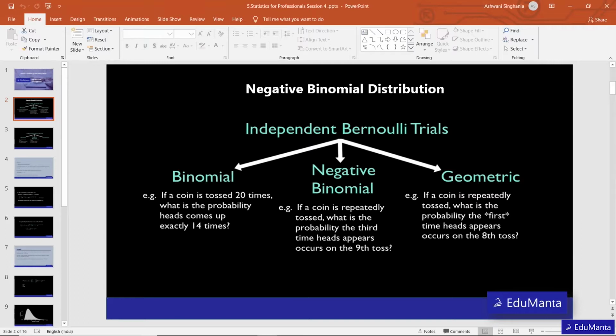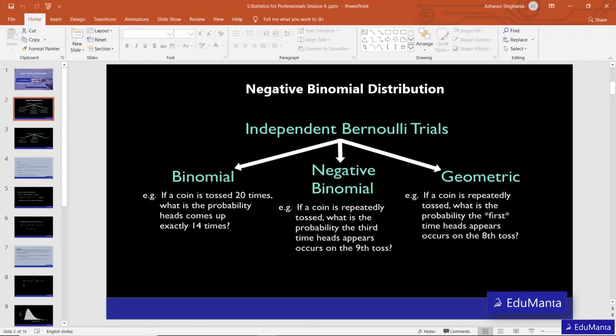Binomial had two possible outcomes, success and failure. In this case head is the success, the number of times the experiment is conducted is 20, which is fixed, and the random variable here is the particular number of successes, that is, head coming up.